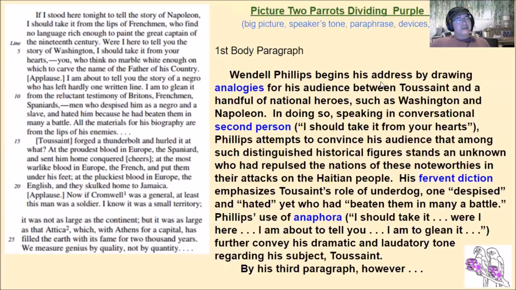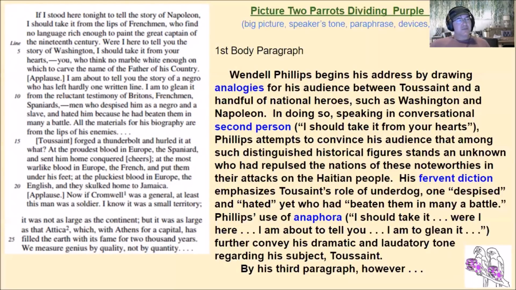Wendell Phillips begins his address by drawing analogies for his audience between Toussaint and a handful of national heroes such as Washington and Napoleon. In doing so, speaking in conversational second person, "I should take it from your hearts," Phillips attempts to convince his audience that among such distinguished historical figures stands an unknown who has repulsed the nations of these noteworthies in their attacks on the Haitian people.